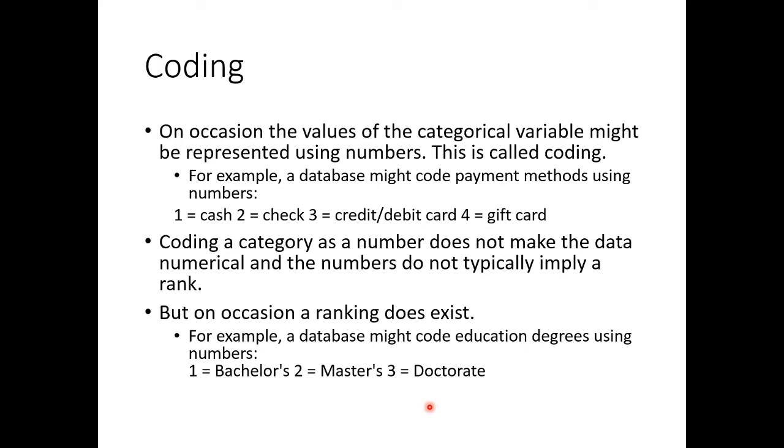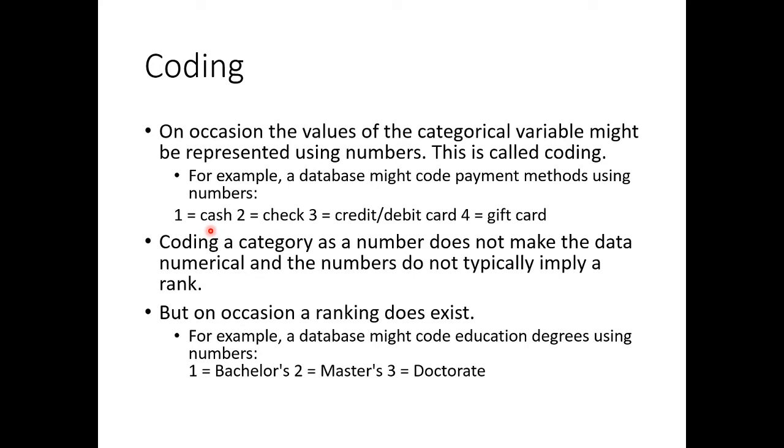If you would like to simplify the categorical data, then you can do coding. Coding means assigning a numerical number to the verbal information. For example, if you go to Walmart, the payment method can be characterized by cash, check, credit, debit card, or gift card. So it is verbal data.